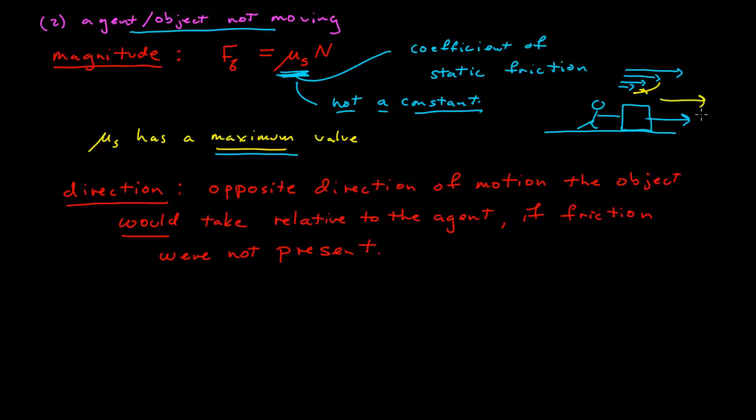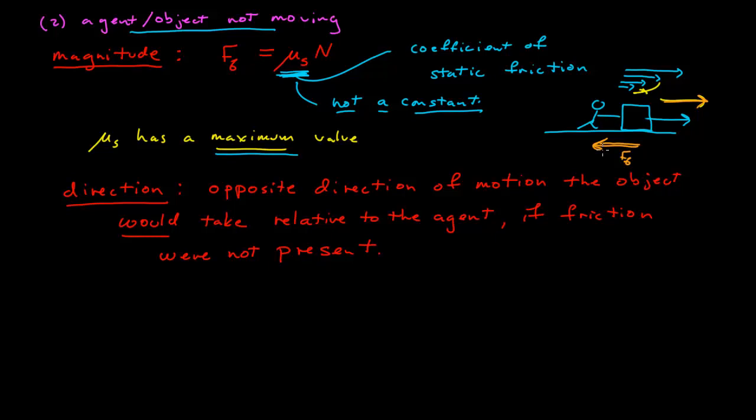And so that means the frictional force was in the opposite direction of that motion relative to the agent, so the force of friction was in that direction. The box would be accelerating relative to the ground in this direction, and so the force of friction is pointing in the opposite direction to the motion the object would go relative to the agent if the friction were not present.